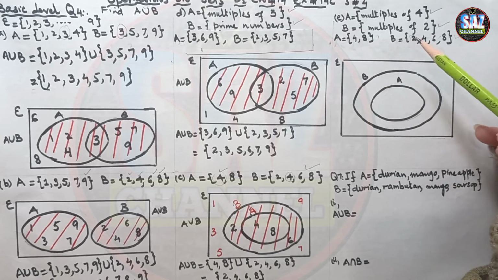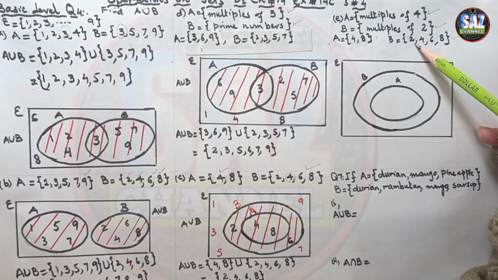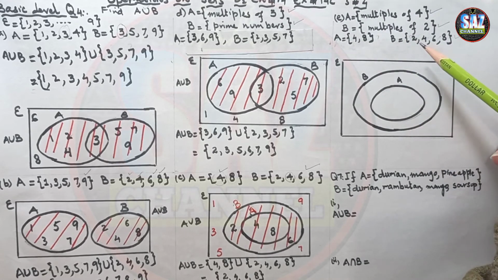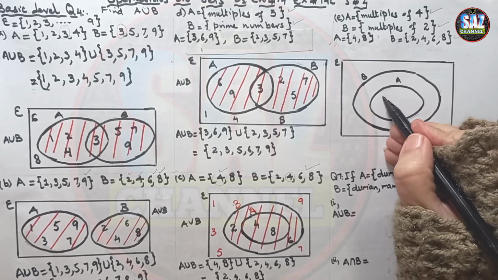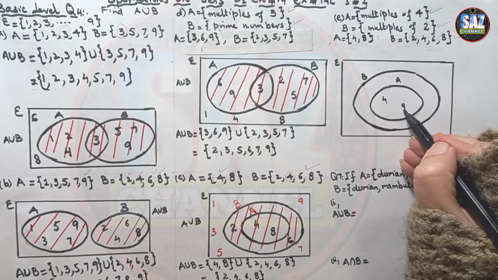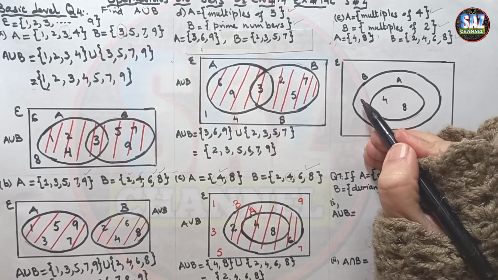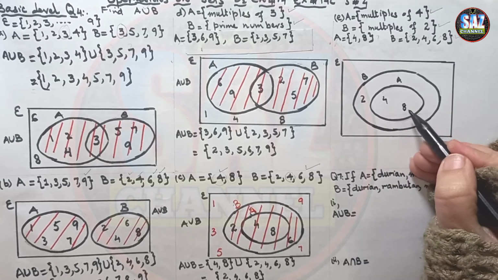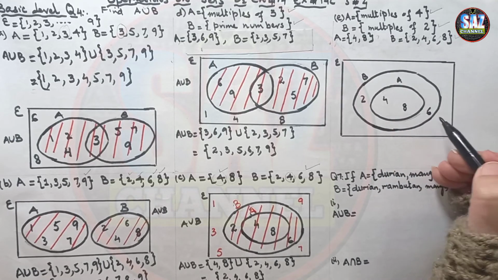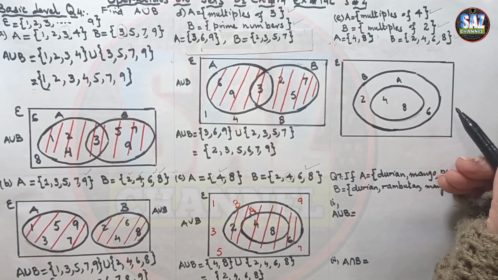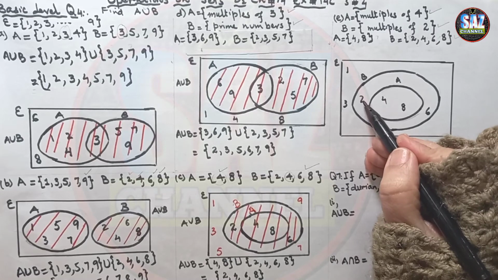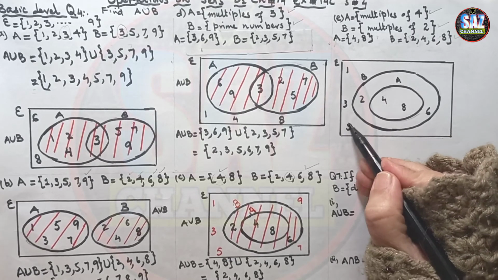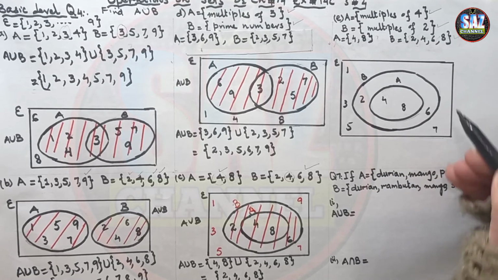The relationship is that A is a subset of B, that A is completely coming in B. So we have to write the elements of these sets at the respective places: 4 and 8, and then 2, 4 is coming here, then 8 and 6, and the remaining elements of the universal as well, that is 1, 2 is here, 3, 4 is here, 5, 6 is here, 7 and 9.